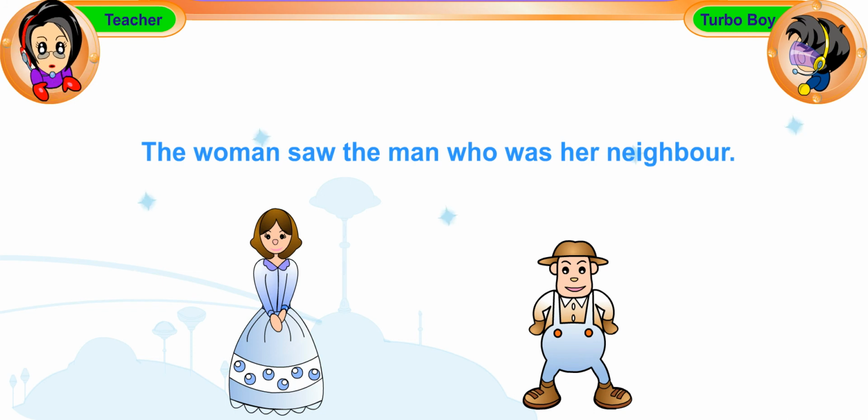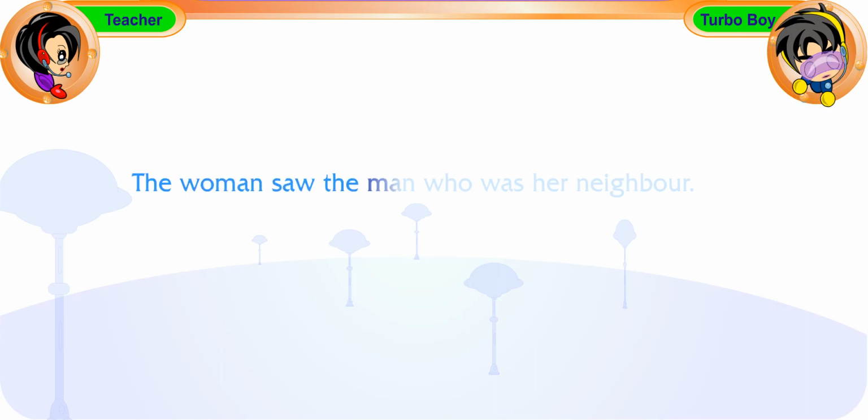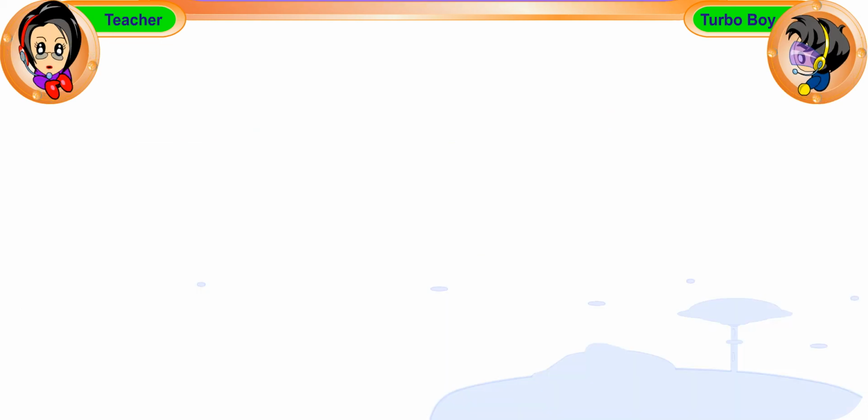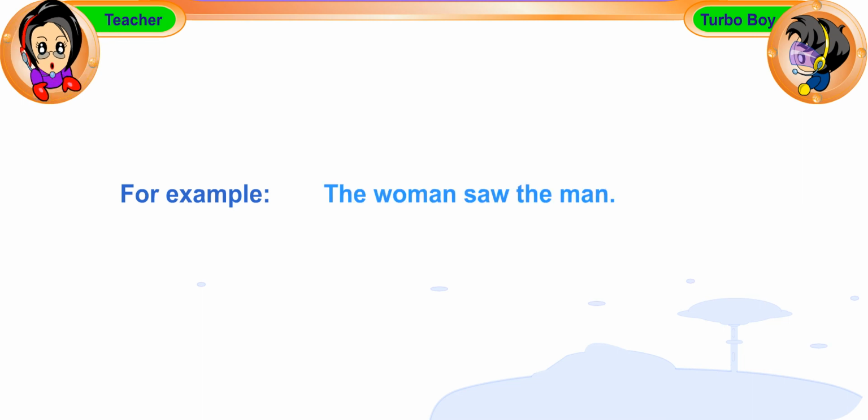Can you read this sentence? The woman saw the man who was her neighbor. That's easy. What if the second sentence is talking about the woman and not the man? Where do we shift the second sentence to? That's a very good question. For example, in the sentence, the woman saw the man.